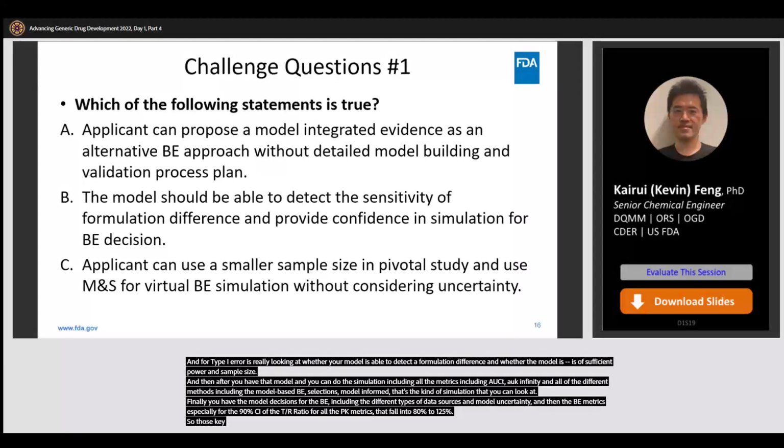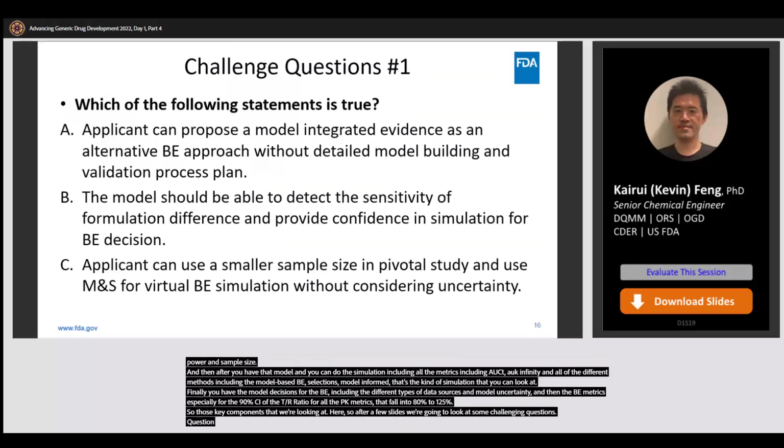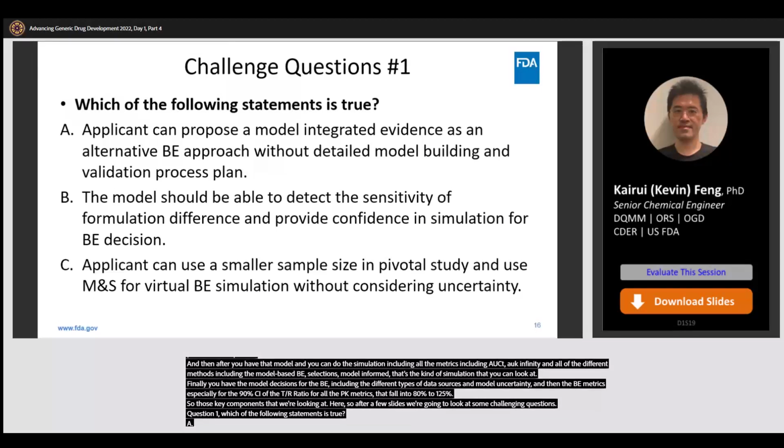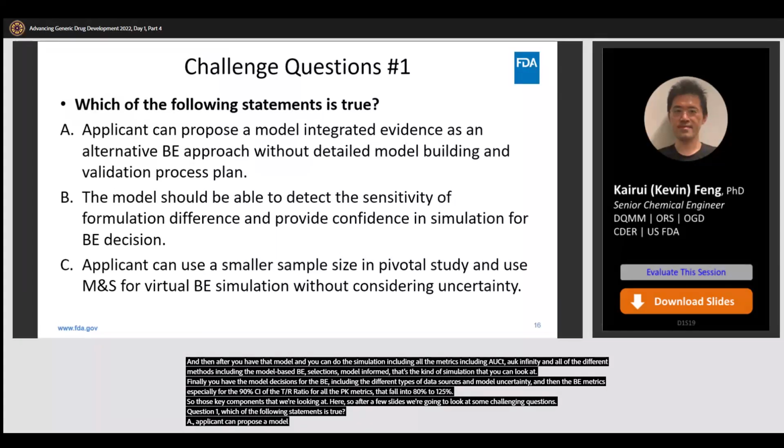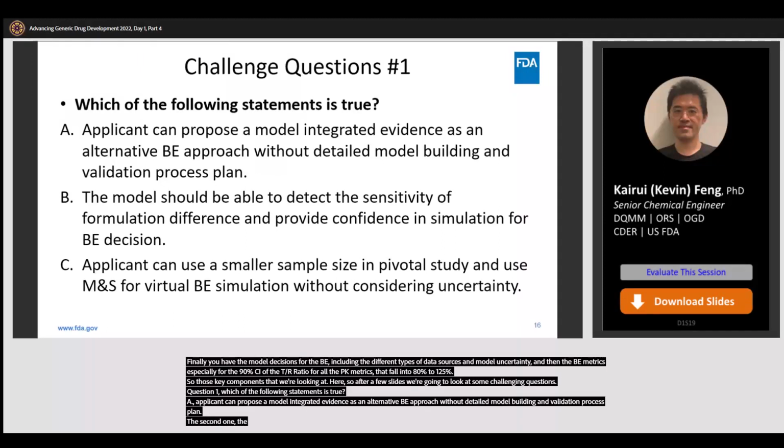And here, after a few slides, we are going to look at some challenging questions. Question 1, which of the following statements is true? A, applicant can propose a model integrating evidence as an alternative approach without a detailed model building and validation process plan. B, the model should be able to detect the sensitivity of formulation difference and provide confidence in simulation for BE decisions.